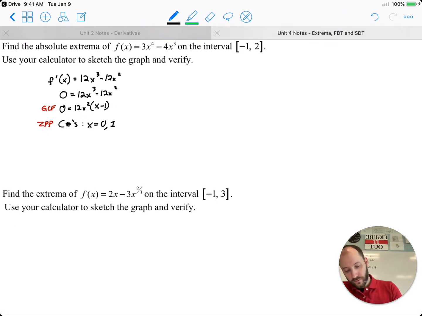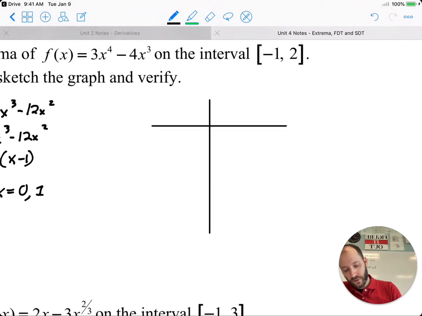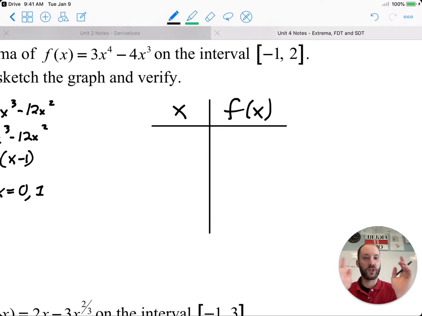So we then want to test those critical numbers, and you want to test the endpoints also. So for finding absolutes with a closed interval, you want to test critical numbers and the endpoints.